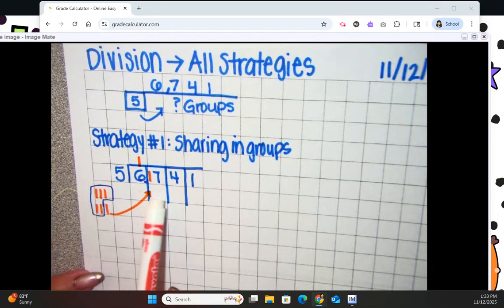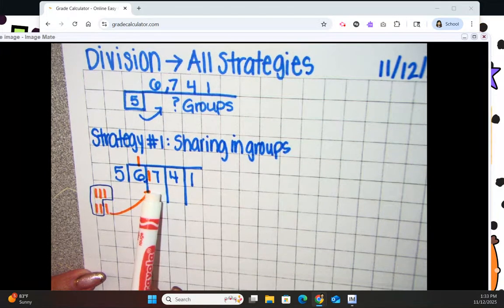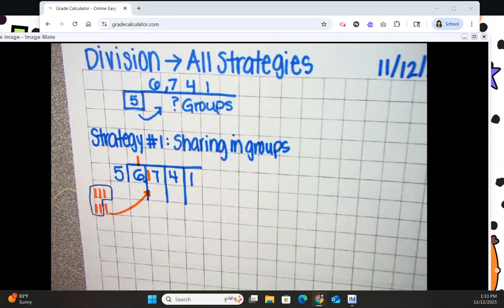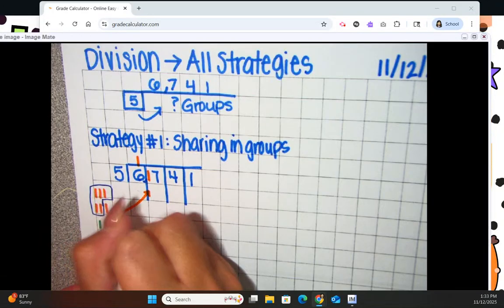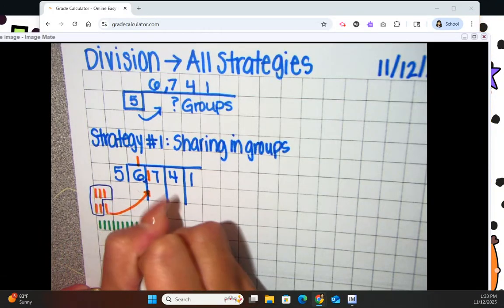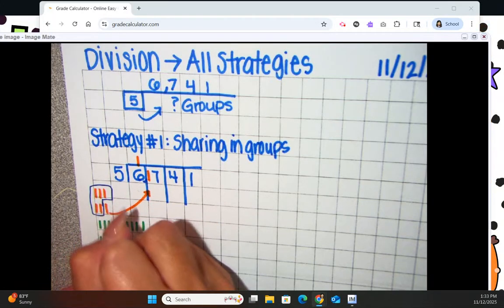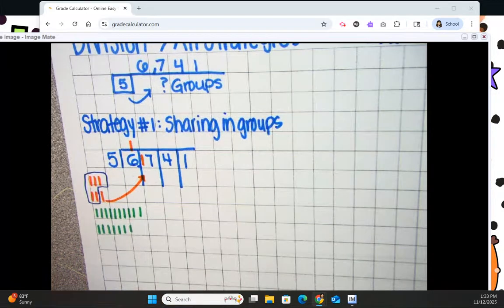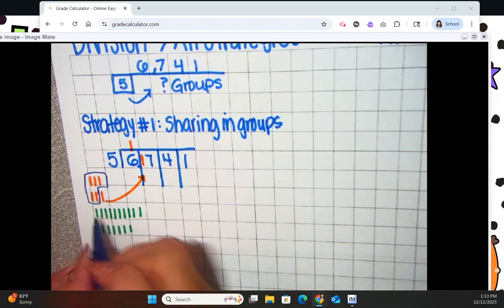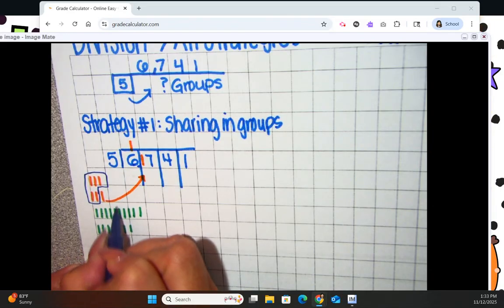So now I regrouped. How many sticks do I have now? 17 sticks. So I'm going to make 1, 2, 3, 4, 5, 6, 7, 8, 9, 10, and 1, 2, 3, 4, 5, 6, 7. Now I'm going to put this into groups of 5. 1, 2, 3, 4, 5.